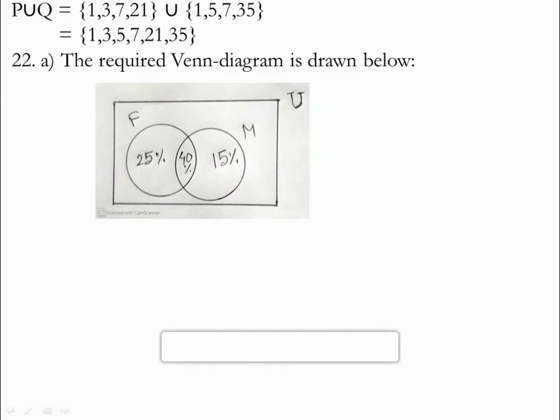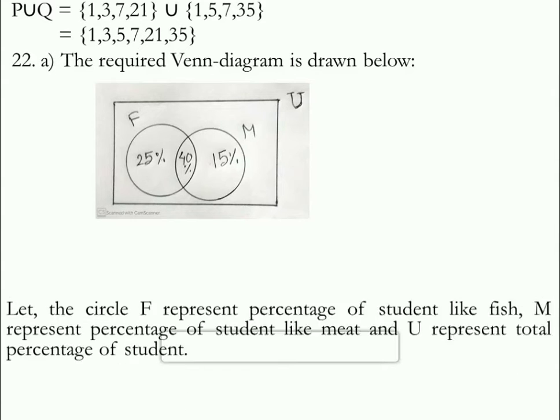Here is the Venn diagram I have drawn. You can easily see the rectangle shape, that is the universal set, and the small circles inside the rectangle, that are the sets which we are discussing in the STEM. Now let us give explanation of the Venn diagram.